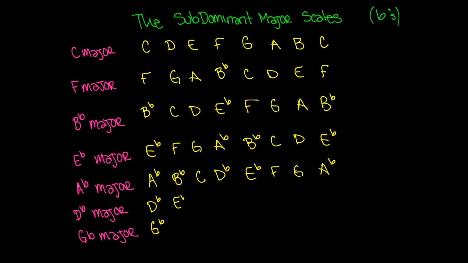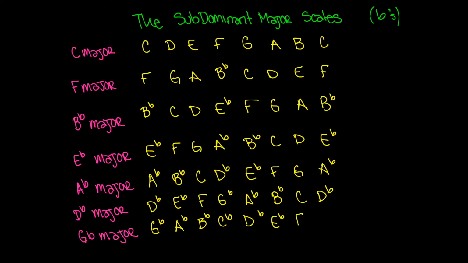Last two, E flat, F, G flat, A flat, B flat, C, D flat, and finally G flat will be G flat, A flat, B flat, C flat, D flat, E flat, F, and G flat.